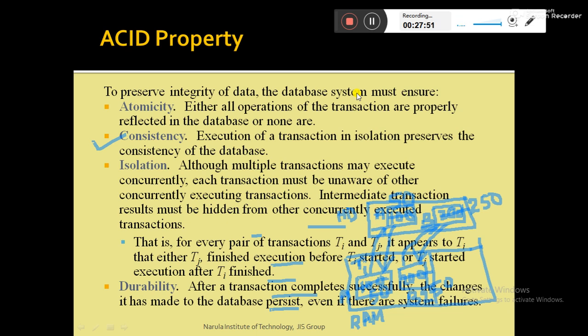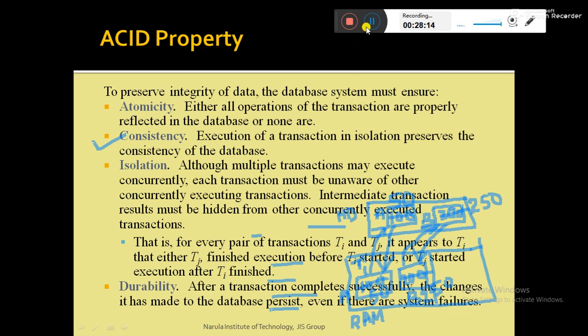It can be verified easily that if the database is in a consistent state before an execution of the transaction, the database must be in a consistent state after the execution of the transaction also. And ensuring the consistency property of a database system is the responsibility of the application programmer who writes the transaction.